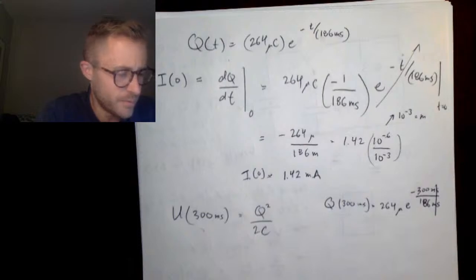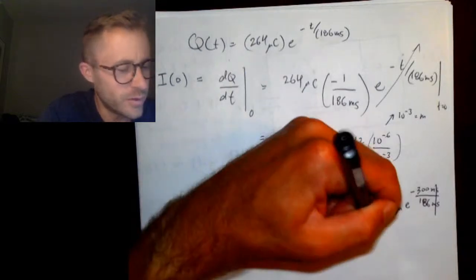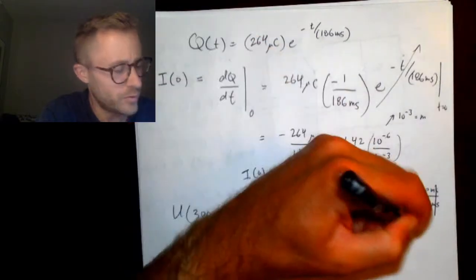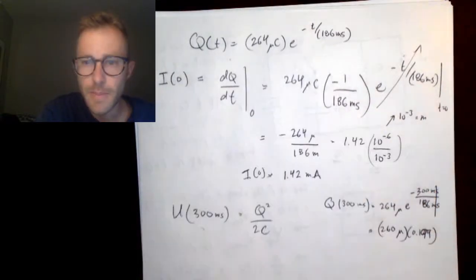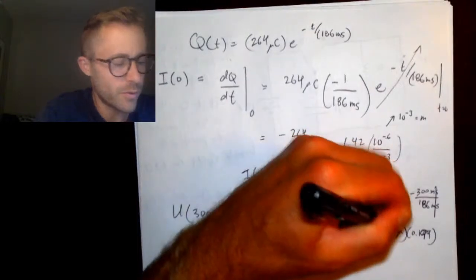All right, so this gives me 264 micros times 0.199. Oops, that should be 264.